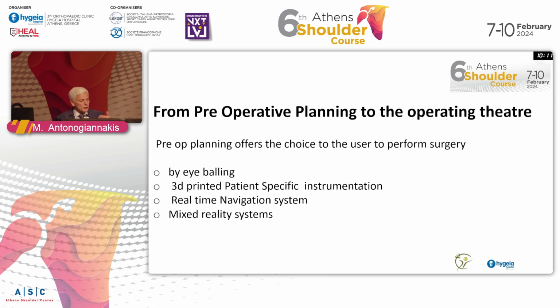And then we try to reproduce this by eyeballing, using our imagination, as we would do in a standard operation without preoperative planning, but still we had the images in our mind, or we could 3D print patient-specific instrumentation, or we could use navigation, or we could use mixed reality systems, to bring what we calculated and planned next to us into the operating theater.